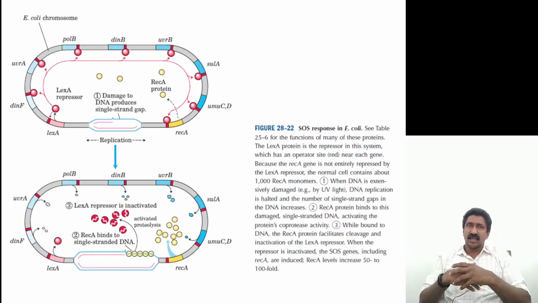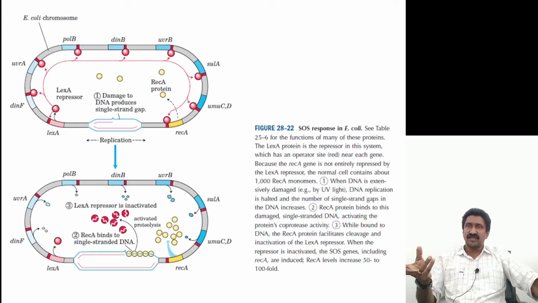So single stranded gaps will be there, and at the damaged positions there will be a broken part, or a thymine dimer, or some other structural irregularity, which will leave the strands as single strand.